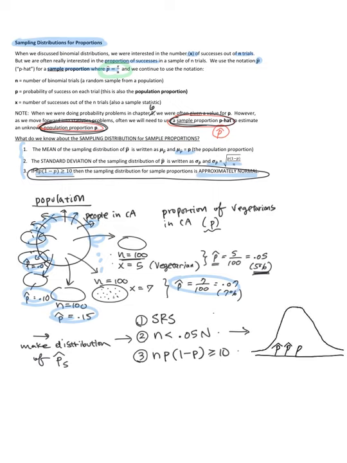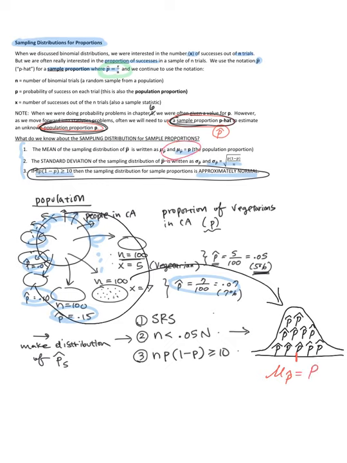the distribution of p hats, now we have a bunch of p hats in the distribution. When you collect all the p hats and put them on a number line, they're going to look like a normal distribution. So mu sub p hat of this distribution is p, the population proportion.